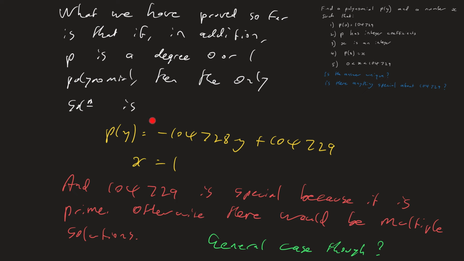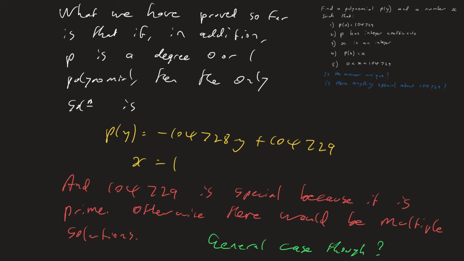And so this is the unique solution to this problem, subject to p of y being either a degree 0 or a degree 1 polynomial. We also showed that 104,729 is special. For this problem, it's special because it's prime. If it were not prime, we could find multiple solutions to x and multiple polynomials here.